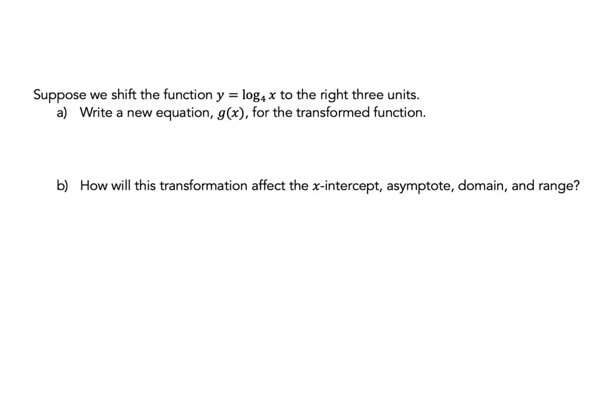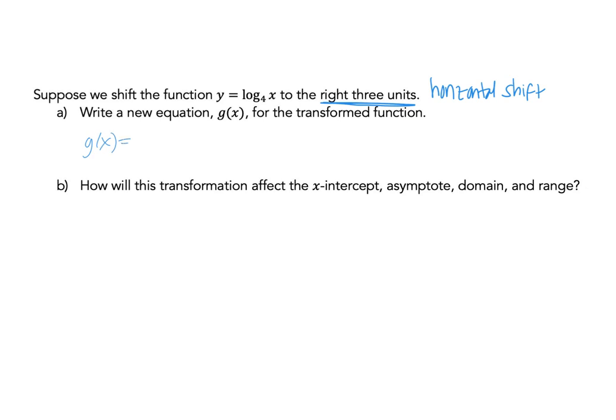Okay, now we're moving on to transformations. So it says, suppose we shift the function y equals log base 4 of x to the right 3 units. So remember, when you're going to the right, that's a horizontal shift. So when you're doing something horizontally, you need to work with the x coordinate, because that is what's going to move left and right. So what am I going to do?